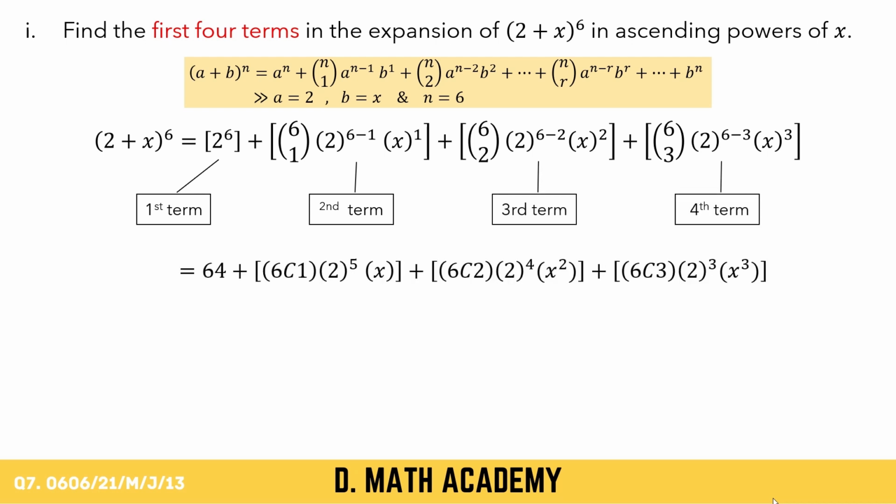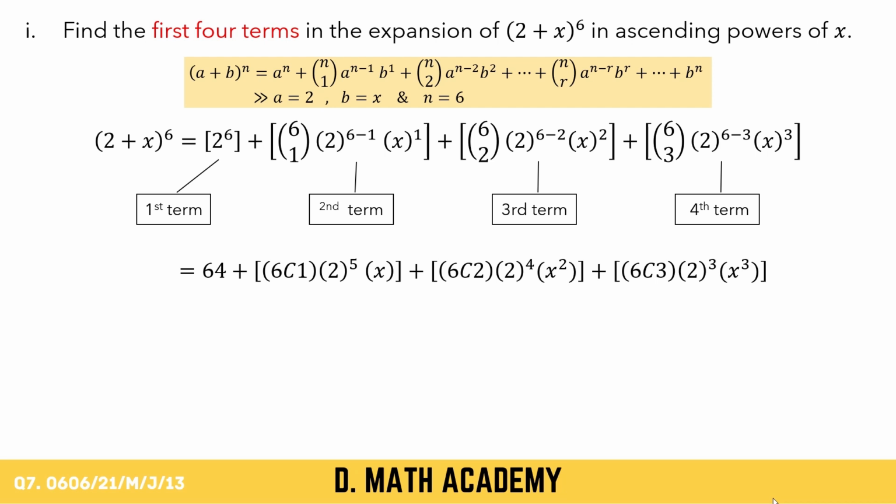That goes by 2 to the power of 6, plus 6C1 times 2 to the power of 5 times x to the power of 1, plus 6C2 times 2 to the power of 4 times x squared, plus the fourth term here is 6C3 times 2 to the power of 3 times x to the power of 3.